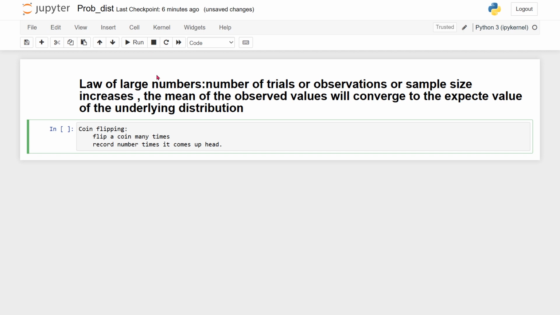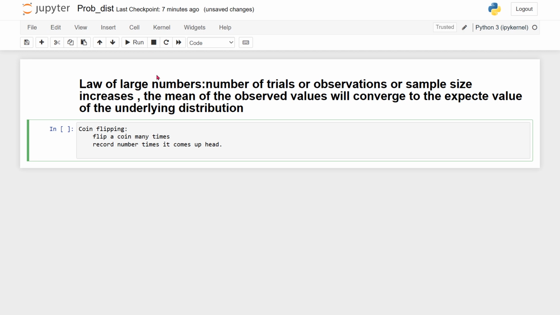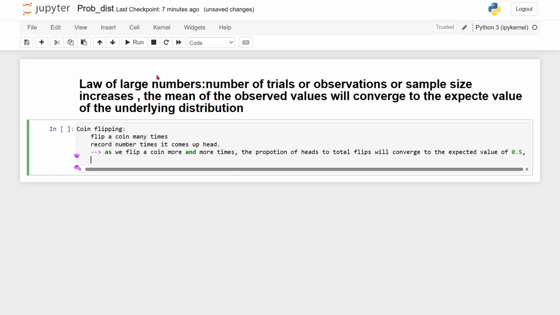As we flip the coin more and more times, the proportion of heads to total flips will converge to the expected value of 0.5, according to the law of large numbers.